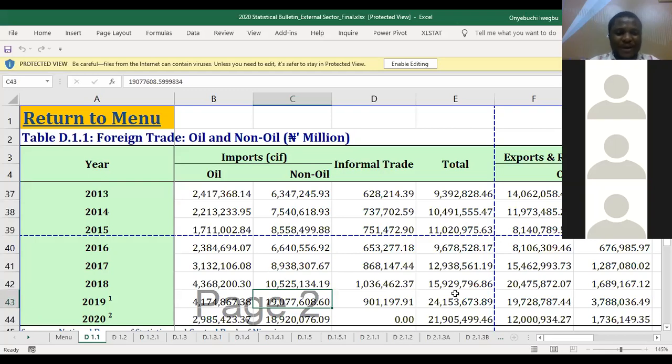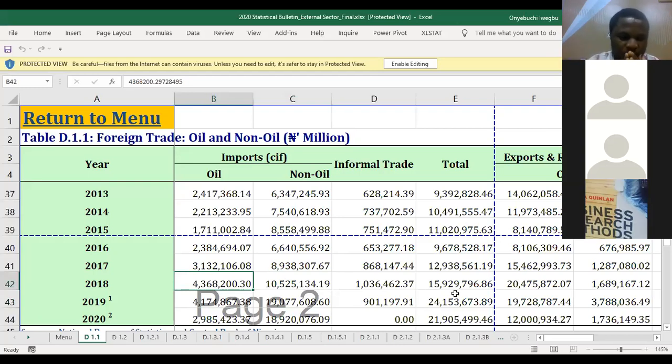And then the oil import was minimal: 4.3 trillion in 2018, 4.1 trillion in 2019, and then 2.9 trillion in 2020.